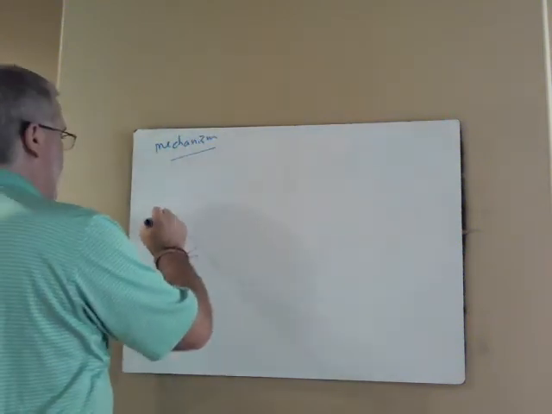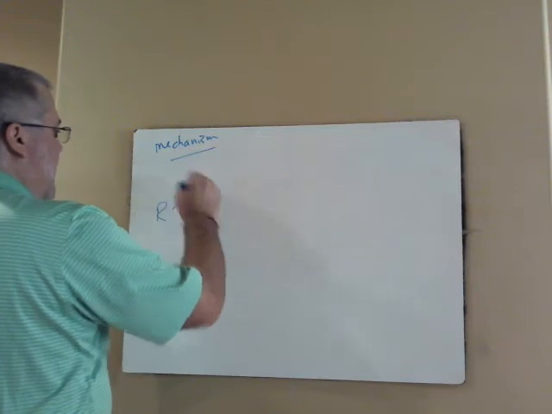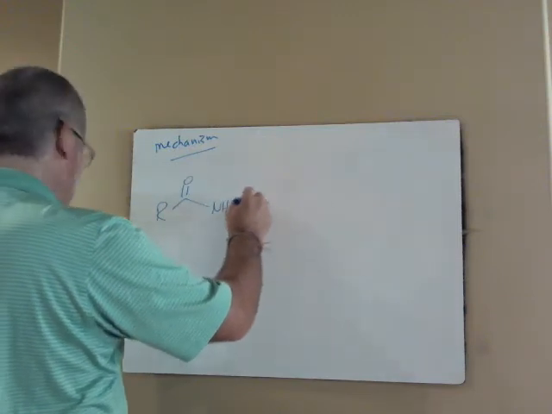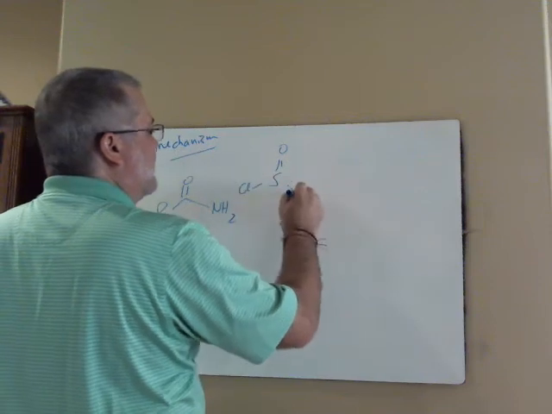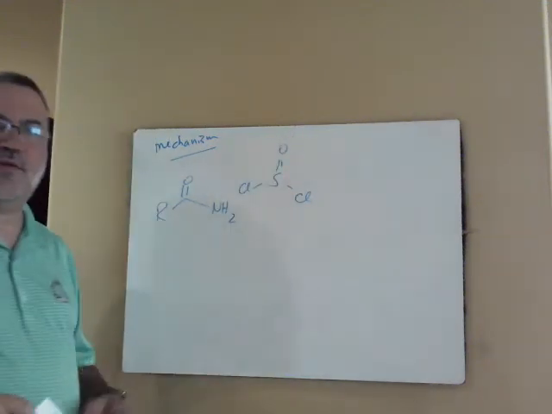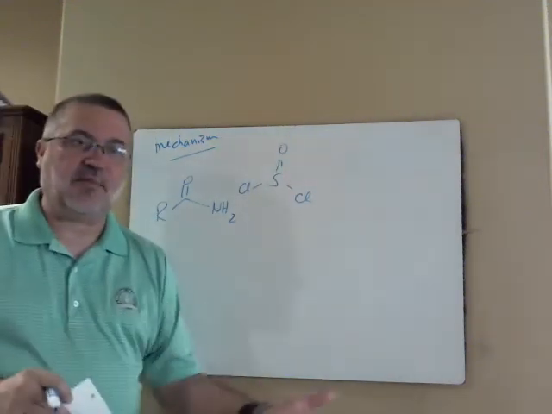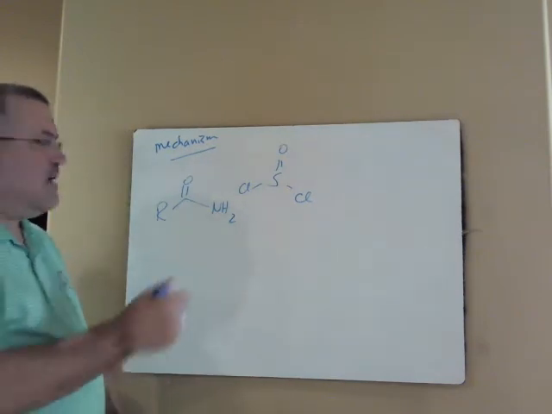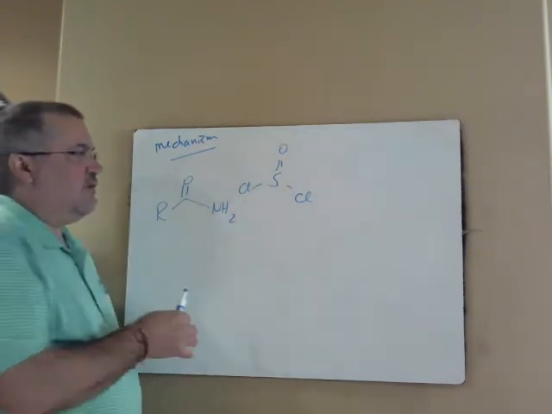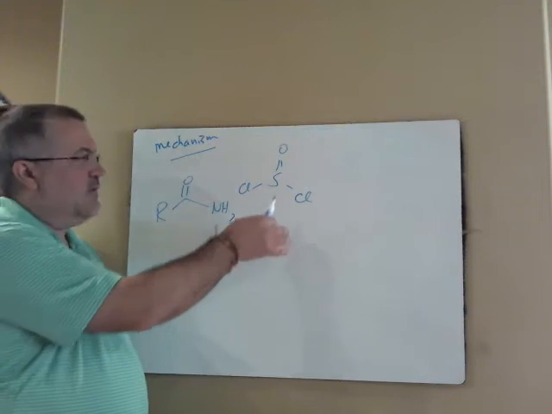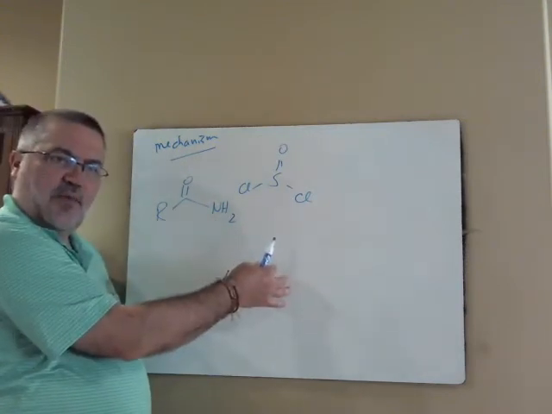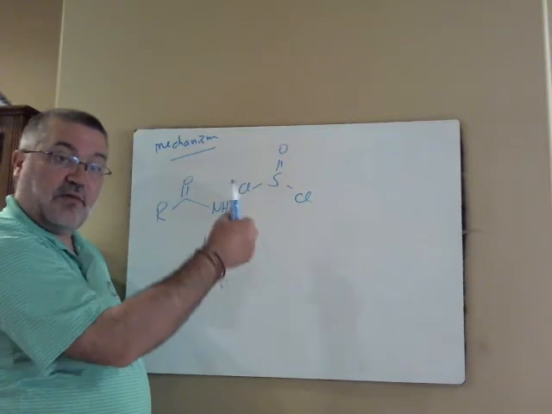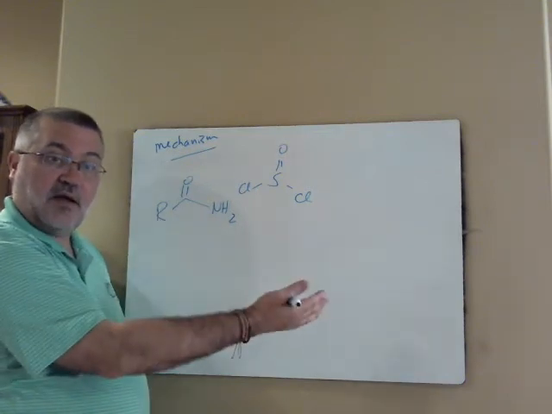Okay, so we have our generic primary amide, and then we have SOCl2. And we've seen thionyl chloride used in reactions before, so we know something about its reactivity. Remember, when did we use thionyl chloride before? It was when we had an alcohol and we were converting it to the chloride.